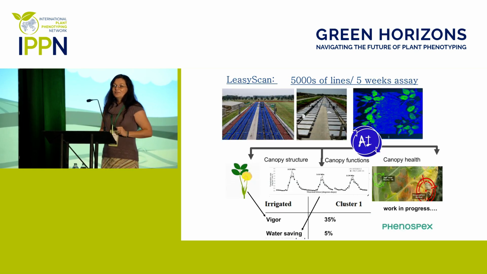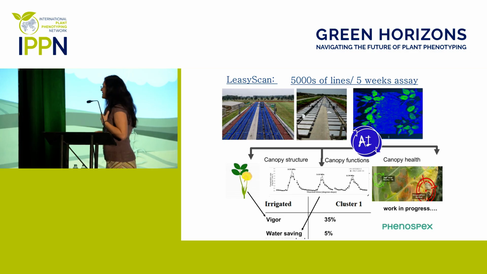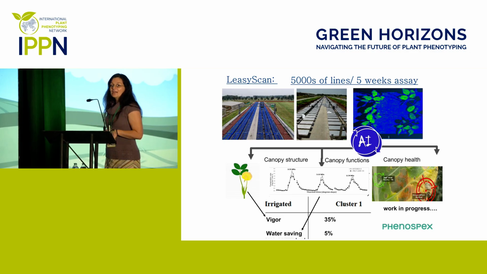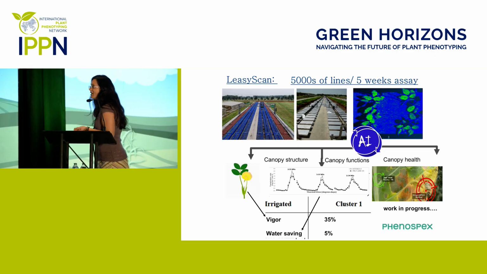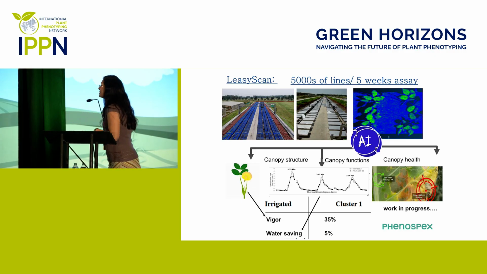So now, okay, we have been playing with terabytes in silico. How do we enter the realm of breeders, who have to deal with screening of those thousands of lines in real life? So we have got several systems which help us to approach the ideotype. One of them is LisyScan, and that has been built to actually cater for the needs of breeding programs.